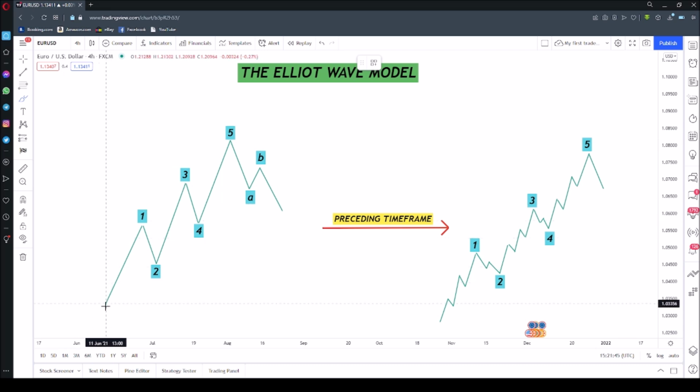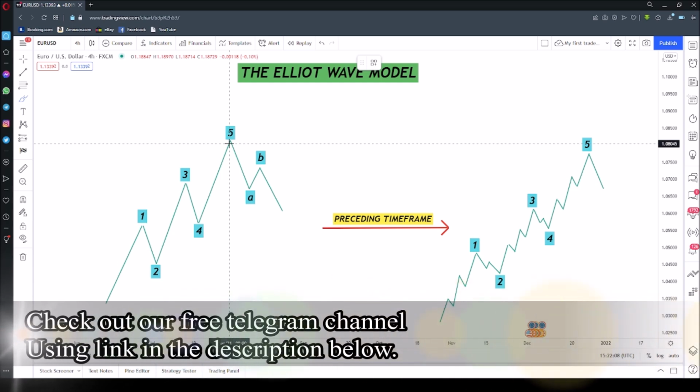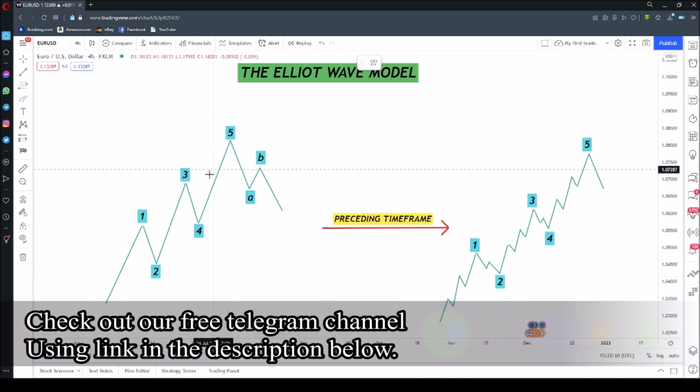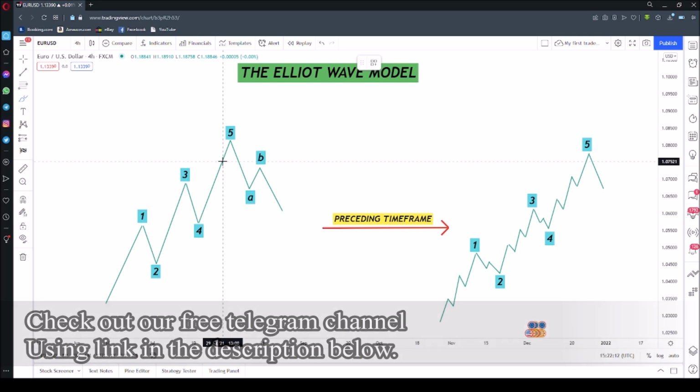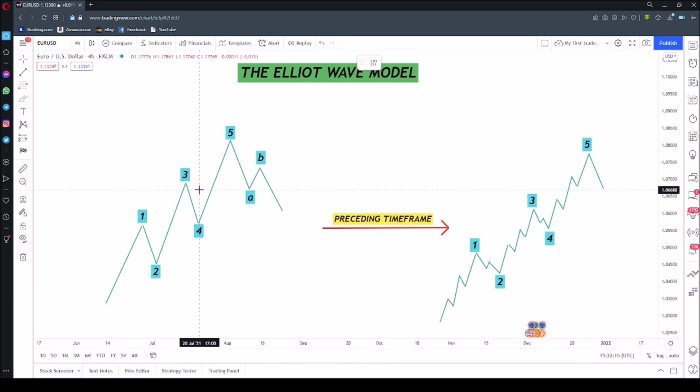So we'll have an impulsive rise, which we'll call the first wave, another drop, which is a corrective move of the market, creating what we call wave 2, then an impulsive rise again, which we refer to as wave 3, and another corrective move, which is wave 4, and the last impulsive rise, which is wave 5. So all in all, we'll have 5 waves to complete what we call an Elliott Wave cycle.